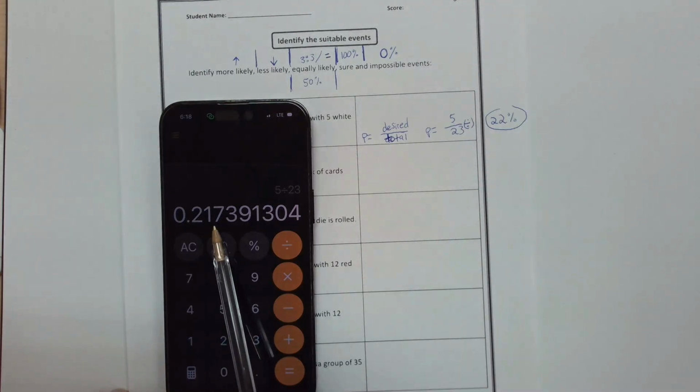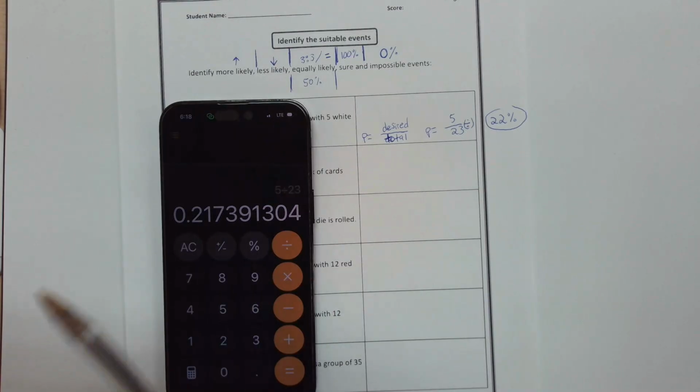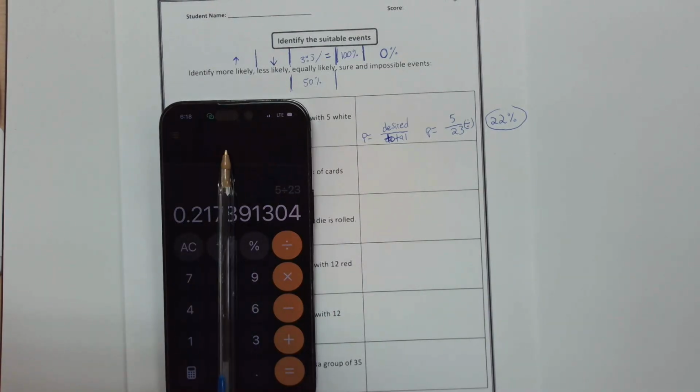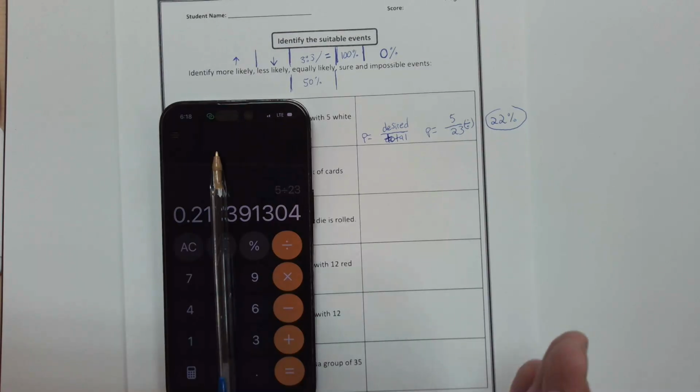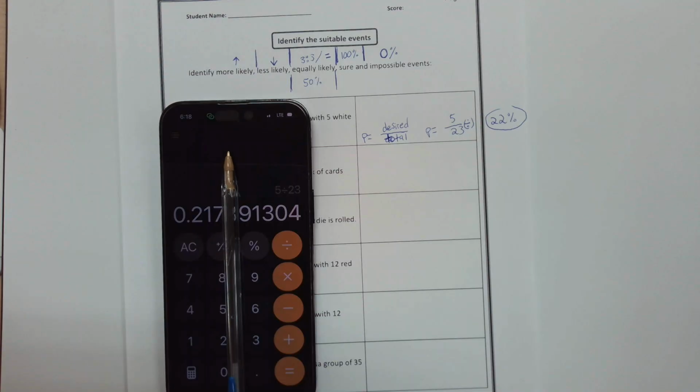Notice I increased this 1 to a 2, and the reason is because we're always going to take a look at the next number to decide if we're keeping this one the same or if we're going to round that number up. So when we look at the next number, which is a 7, anything a 5 or above, we are going to round this one up.